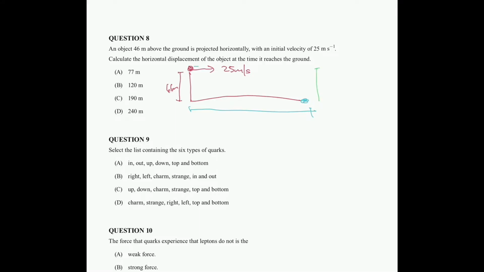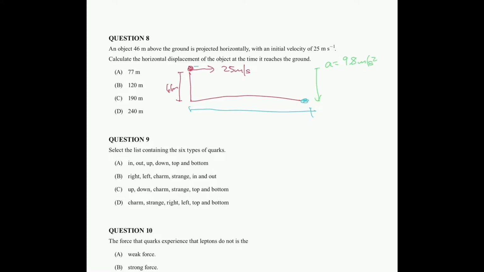So going down, we only have one form of velocity or acceleration working on the ball, and that is acceleration going down. And we know a is equal to 9.8 meters per second squared.